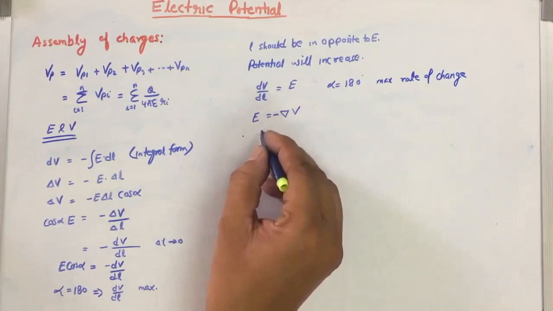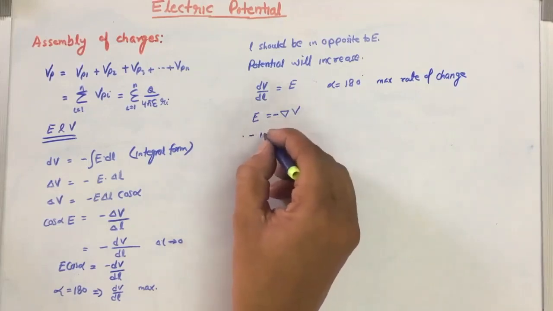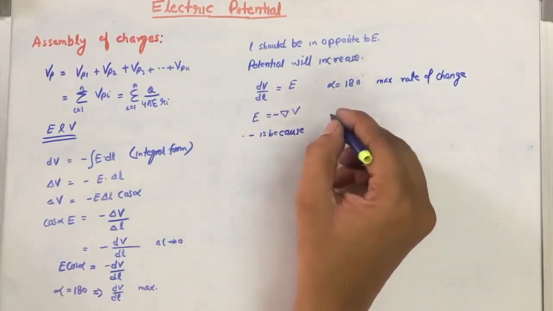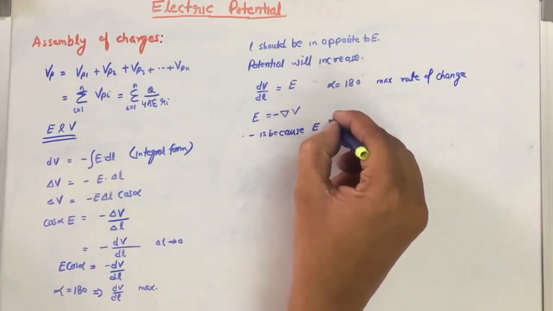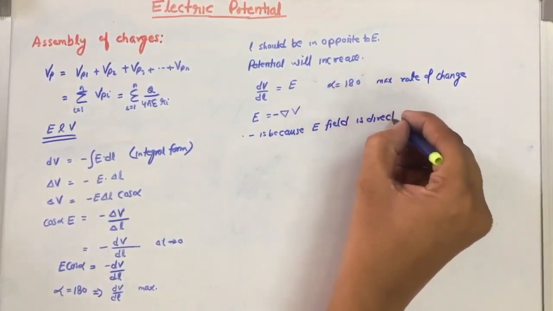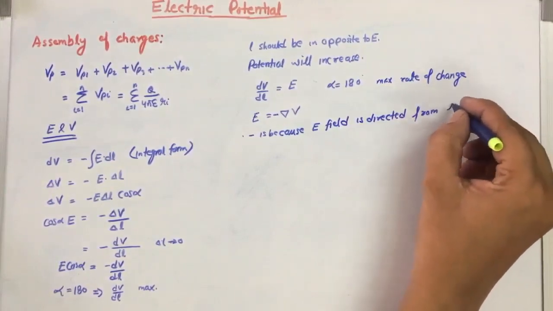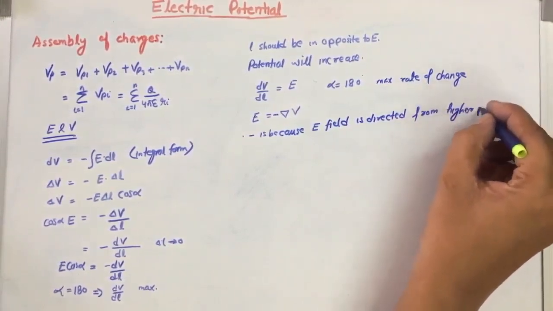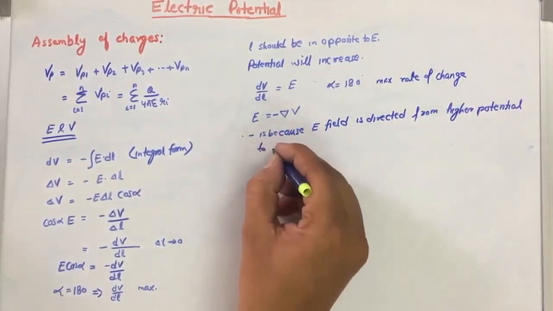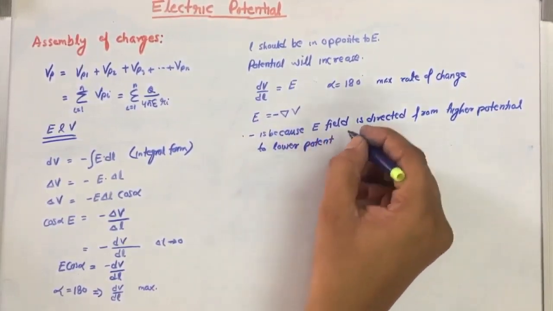So we can write, minus is because electric field is directed from higher potential to lower potential.